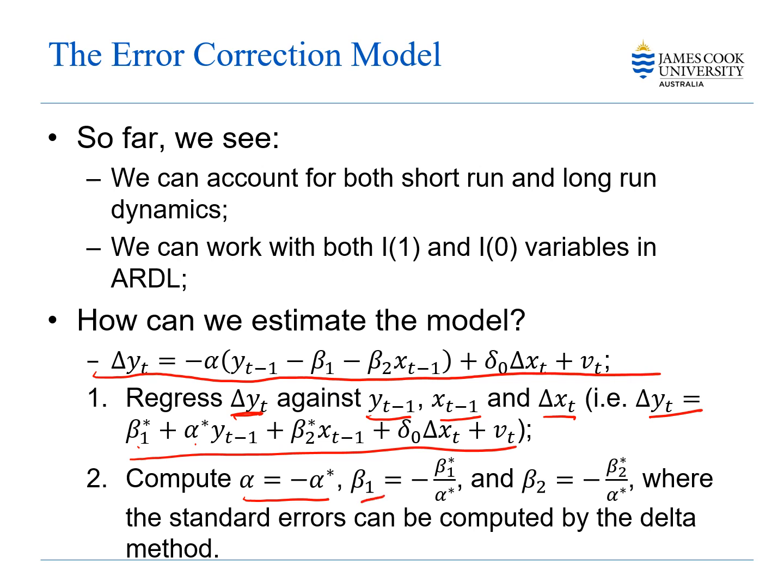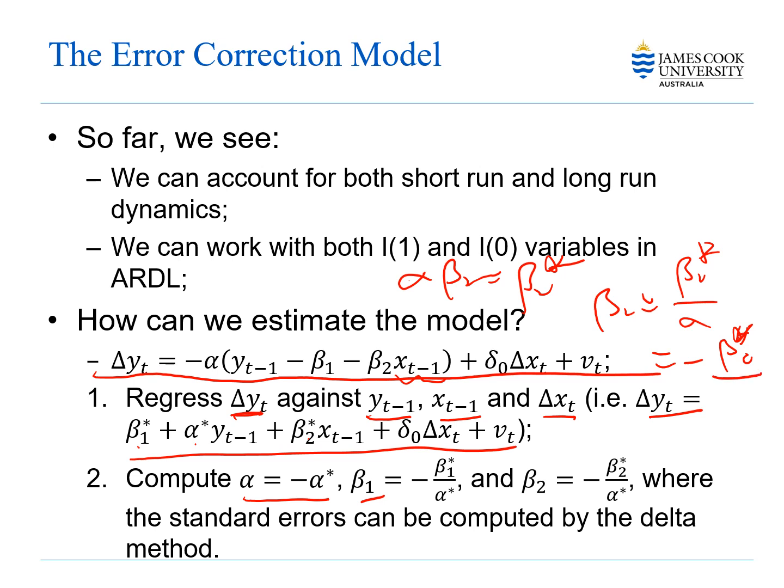For beta 2, we look at the coefficient of xt minus 1, which is beta 2 star, so beta 2 is minus beta 2 star divided by alpha star. It is similar for beta 1. Then we can compute the standard errors through the delta method. That's how we can do the estimation.